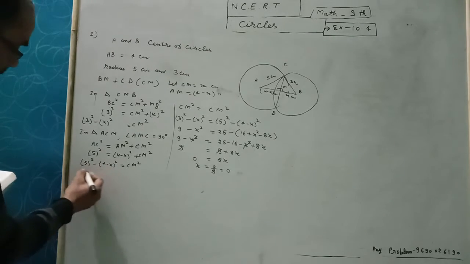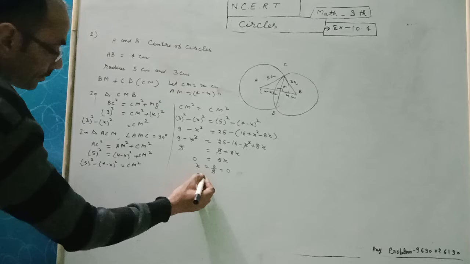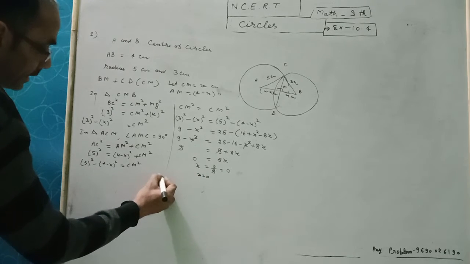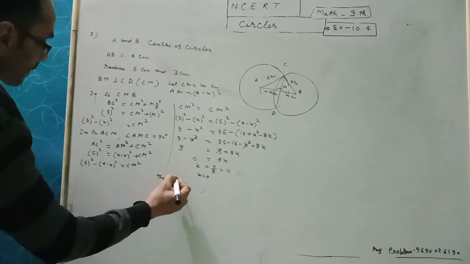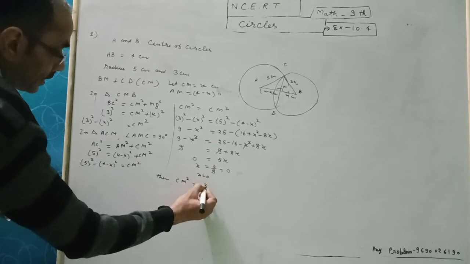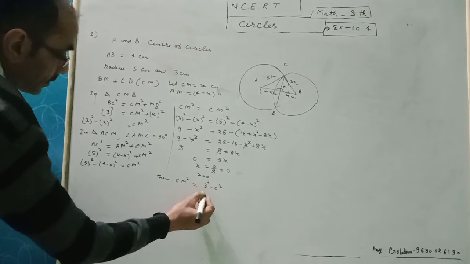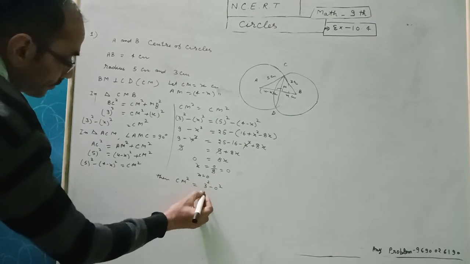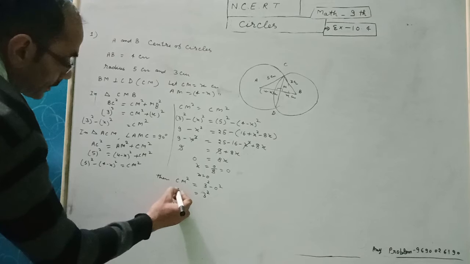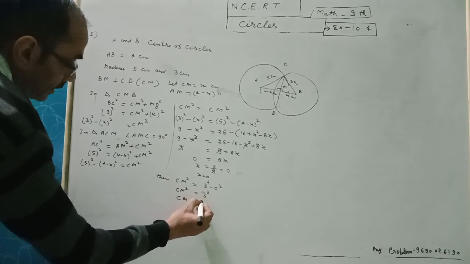Put the value x equal to 0. Then CM square is equal to 3 square minus 0 square, which is 3 square, so CM is equal to 3 cm.